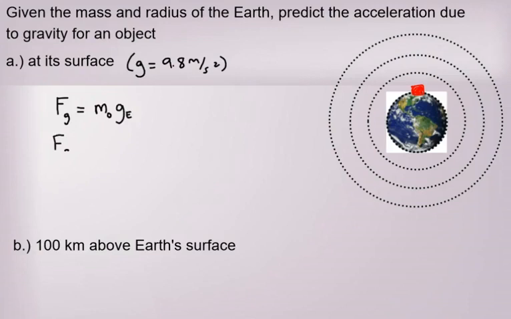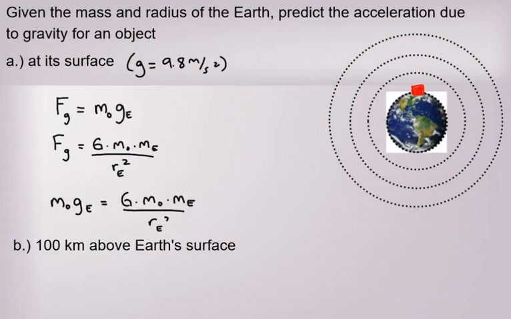The other equation that we know is capital G times m1 times m2 over r squared, where in this situation, r, the distance between the center of the Earth and the object, is essentially the radius of the Earth. So I can set these two equal to one another, and I get mass of object times g of Earth equals G times mass of object times mass of Earth divided by the radius of Earth squared.